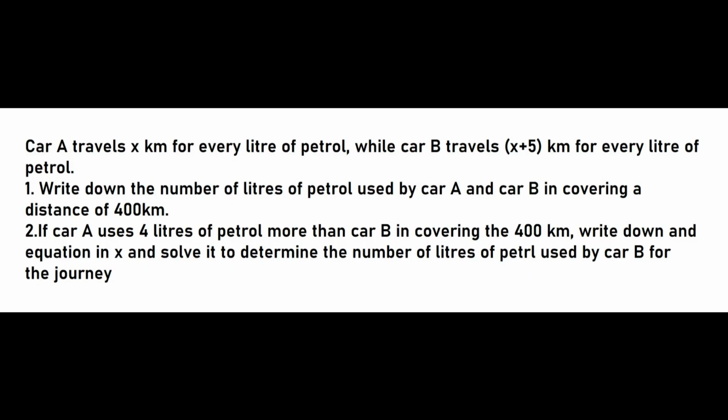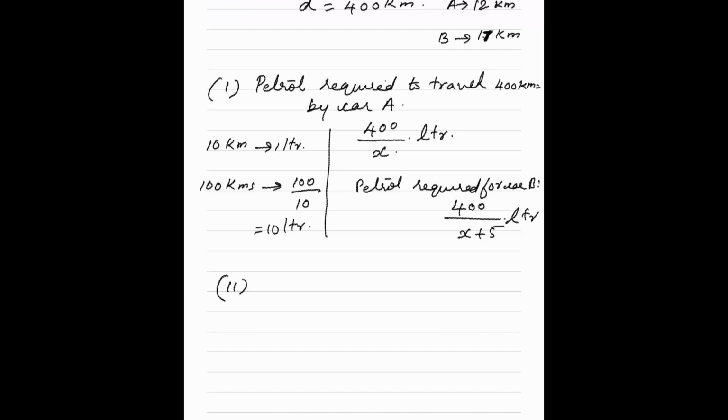Now, the second part says, if car A uses 4 liters of petrol more than car B in covering the 400 kilometers, write down an equation in X and solve it to determine the number of liters of petrol used by car B for the journey. So what they are saying is, car A takes 4 liters more than car B. So what you need to do is calculate the difference first.